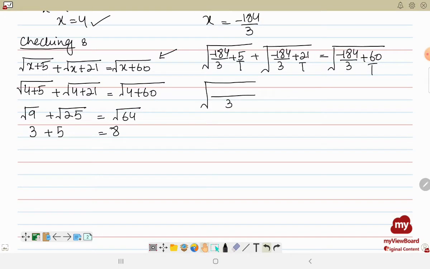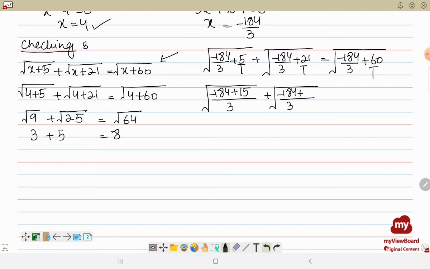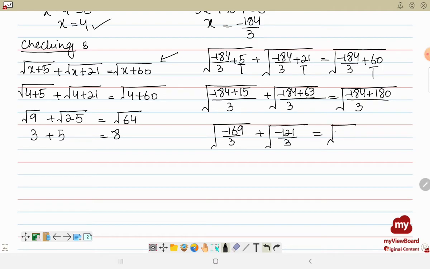In all three, we are having 3 as the LCM. So let's write down the numerator: minus 184 plus 15. Here also minus 184 plus 63. Here also 3 is the LCM, minus 184 plus 180. So let's solve it further. We'll have minus 169 by 3. We'll have minus 121 by 3. We'll have minus 4 by 3.